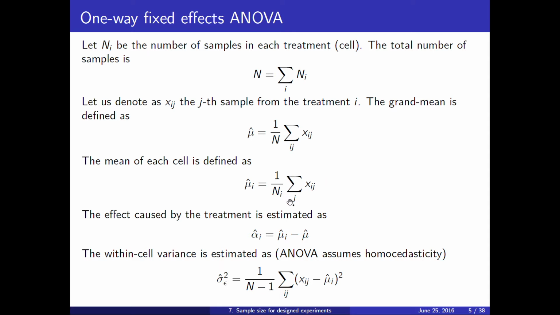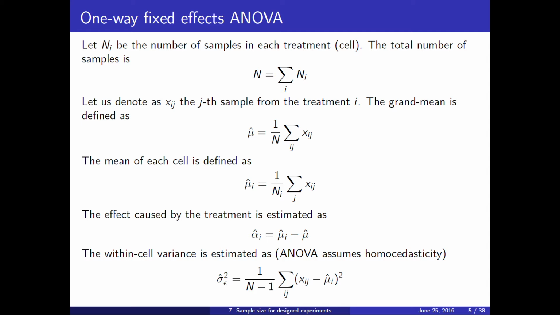So we take the observations of a cell and divide by the number of observations in that cell. And then the effect caused by that treatment will be the difference between these two. There are many small subtleties here, but this equation is true for perfectly balanced designs.